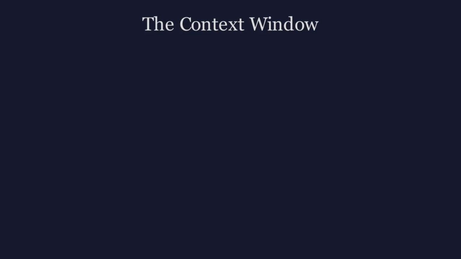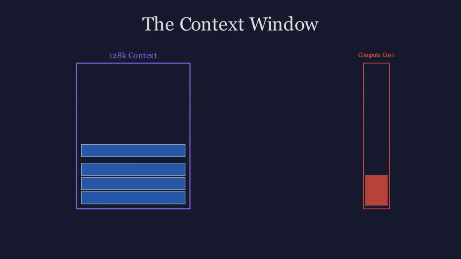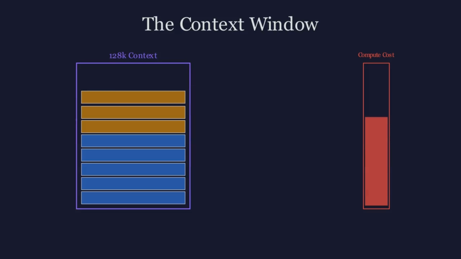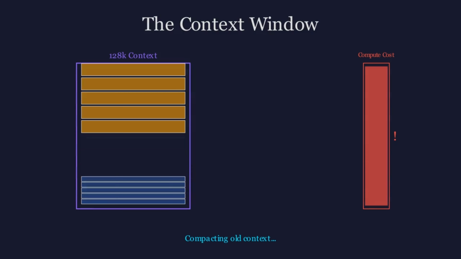Every model has its own context window. This is its own short-term memory. Think of it like a bucket. 128,000 tokens sounds like a lot, but when you're using an entire codebase, document, and conversation history, it fills up extremely fast. And as this context grows, so does the computation cost. This is why we compact our history.